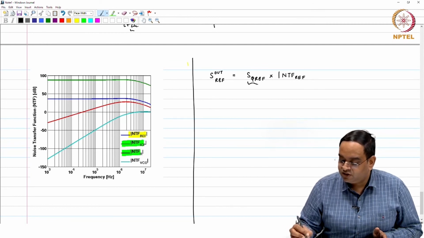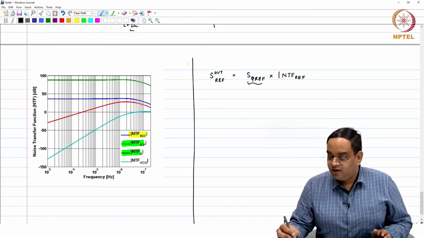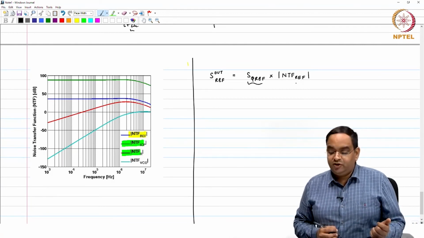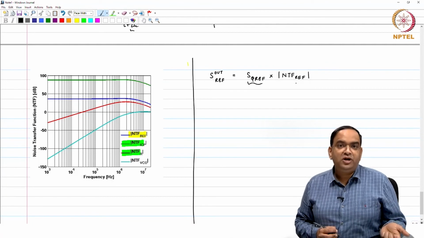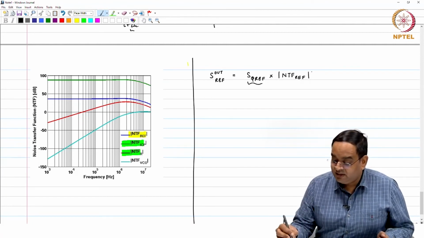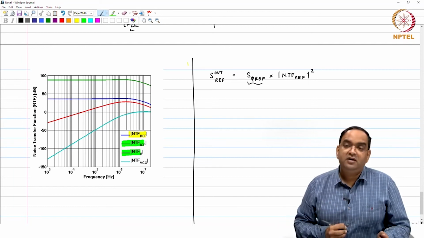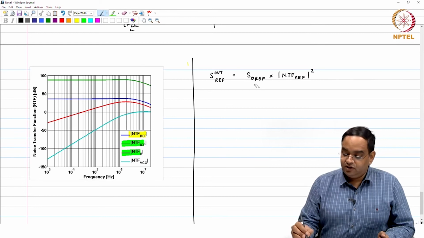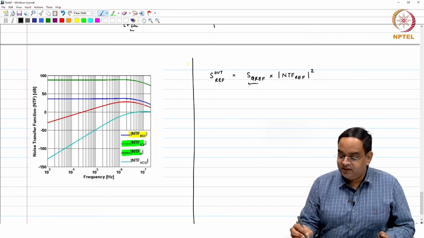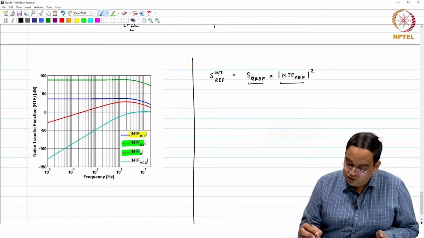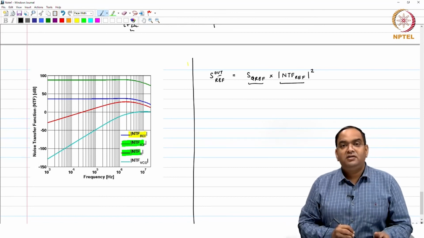So, this was the noise power spectral density. Noise transfer function is not in the power domain, it is like either voltage to voltage, phase to phase, or current to voltage. So, when you are multiplying these transfer functions, this will be squared here.